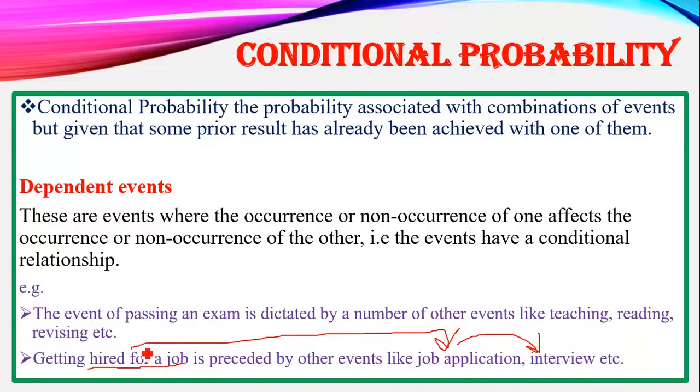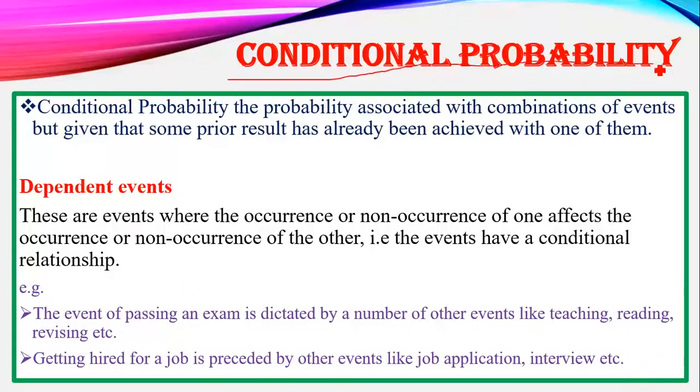So that means getting hired is dependent on application and interview for that particular job. That tells you that one event cannot happen if the preceding event has not happened. And that is what brings about the concept of conditional probability. There is a condition for the event to be fulfilled.